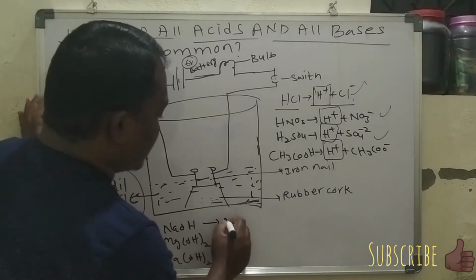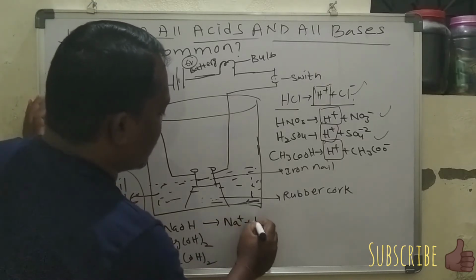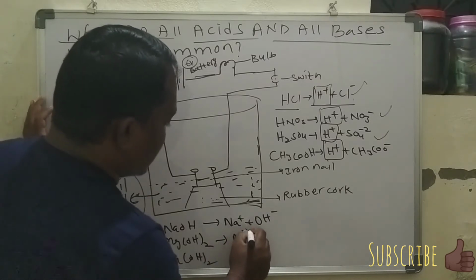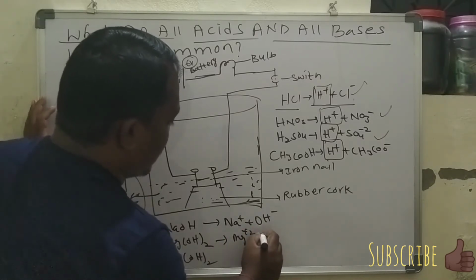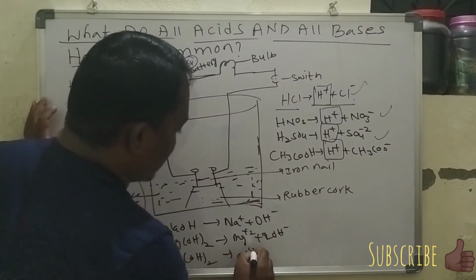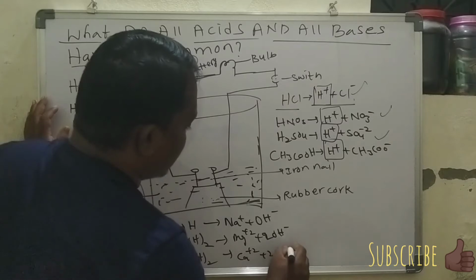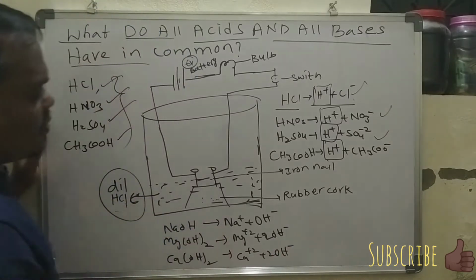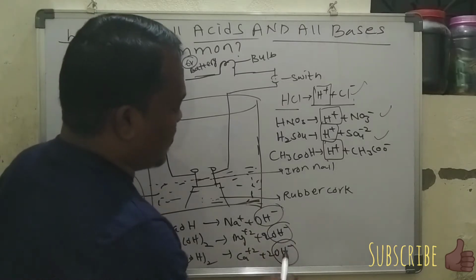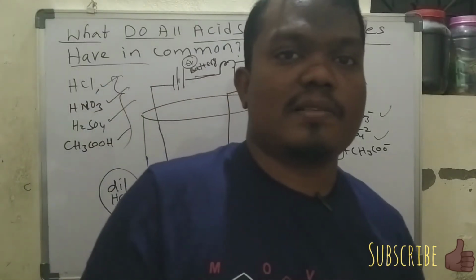Here also we see that they produce Na plus and OH minus, Mg2 plus and 2OH minus, Ca2 plus and 2OH minus. So if you consider here, the anion OH minus is common in the bases.